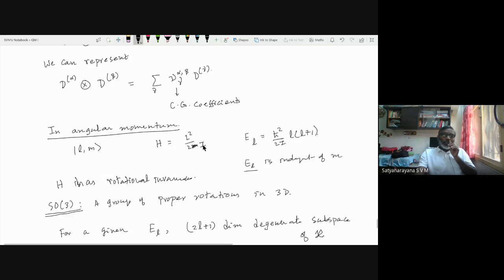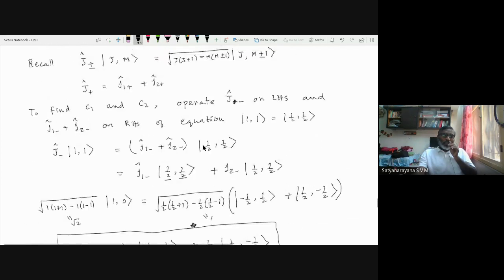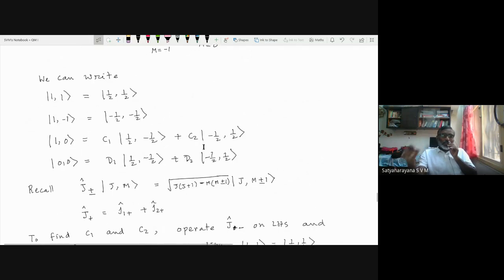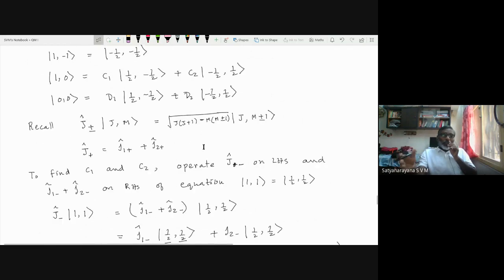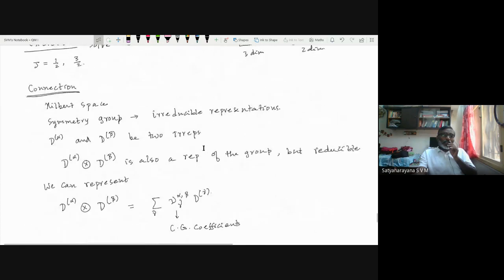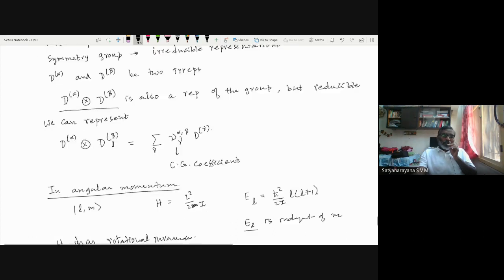As you can go back and see, J1 means there is a 2J1 plus 1 irreducible representation, and J2 means you have a 2J2 plus 1 irreducible representation. When you are taking a product, that is like taking a direct product of 2 irreducible representations, and then that can be represented back as a sum of the irreducible representations, and that is where we have this Clebsch-Gordan problem.